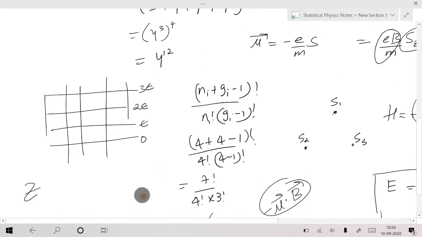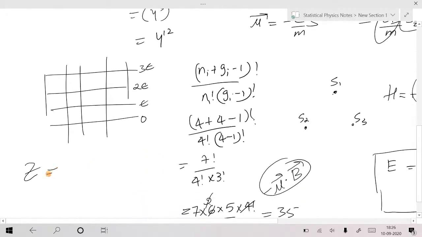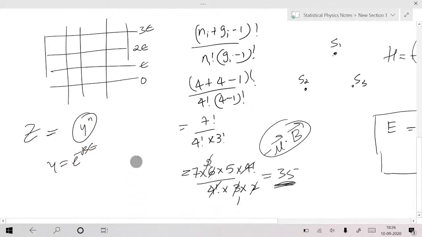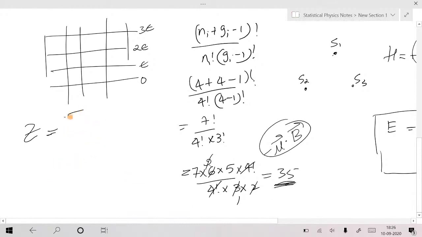So what you have to do is find the maximum y power n that you can get in Z, where y is equal to e power minus beta E. When you write the partition function for a total system, you write the sum of e power minus beta E_r.